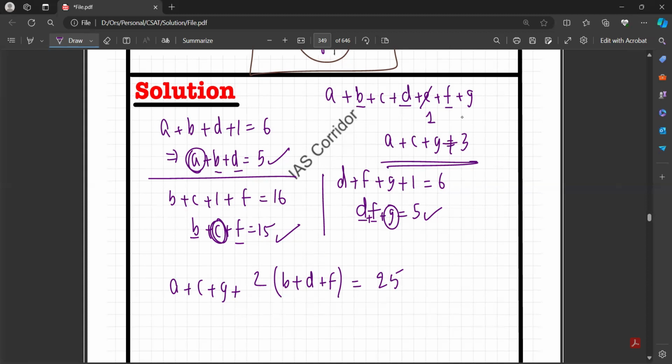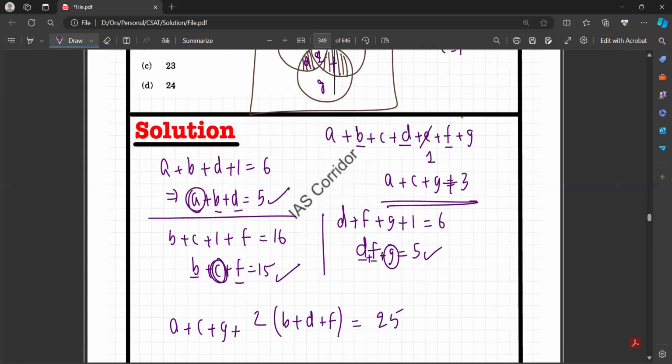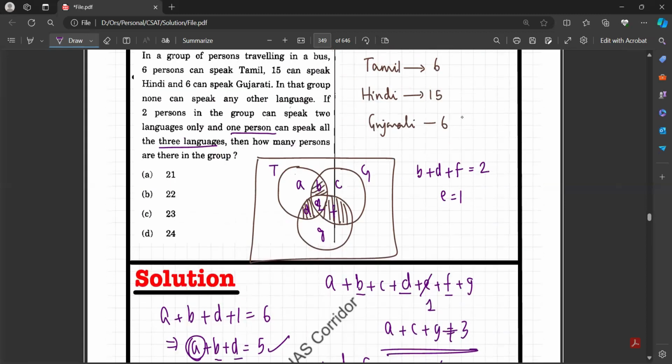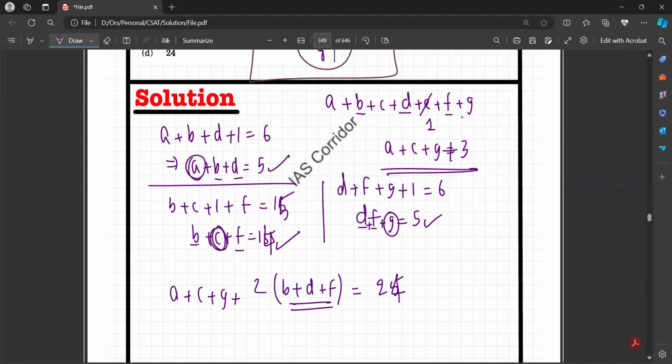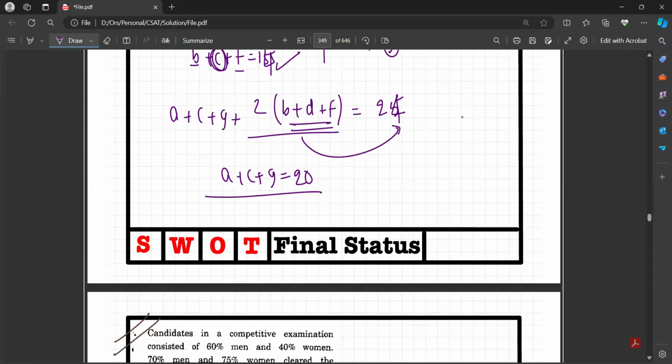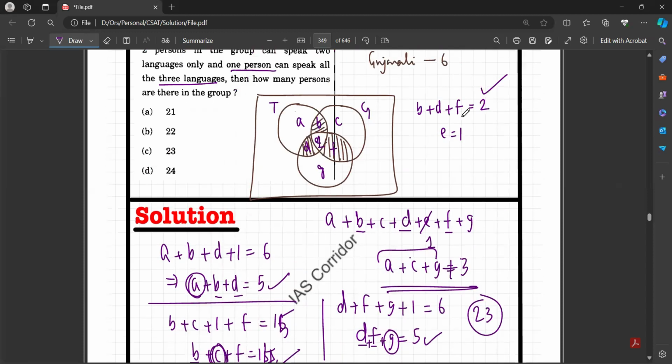Yes or no? Clear? Sorry, here it is 14, so this becomes 24. B plus D plus F is what? B plus D plus F is 2 here. So this becomes 4. This goes this side, becomes 20. So A plus C plus G will be 20. If A plus C plus G is 20, 20 plus 3 becomes 23. Got it? I hope you have got it. So the answer is 23.